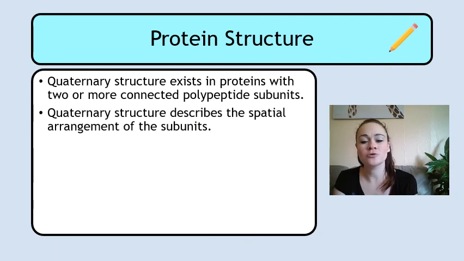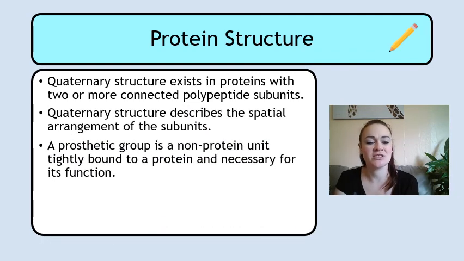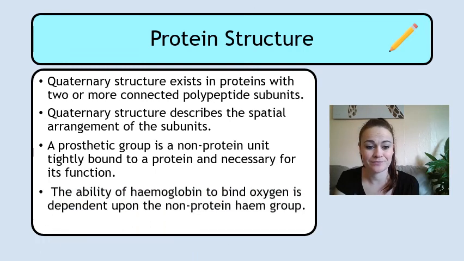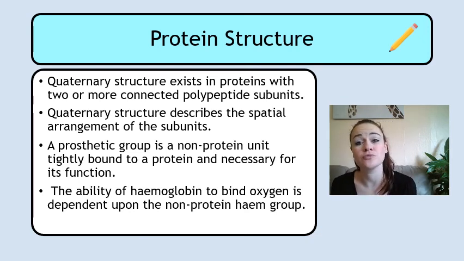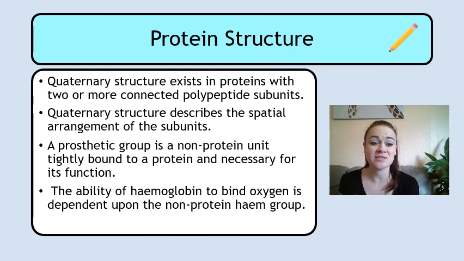They can also contain our prosthetic groups, which is a non-protein unit tightly bound to the protein, which is necessary for its function. The ability of haemoglobin to bind to oxygen is dependent on this non-protein heme group. That is its prosthetic group.